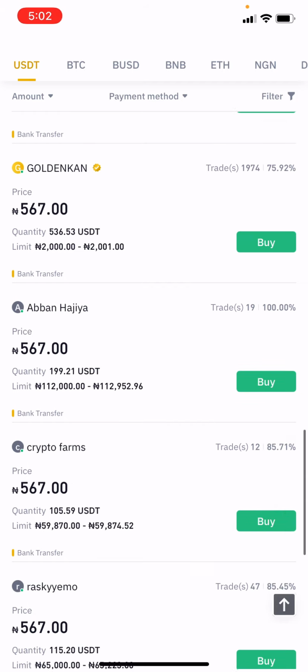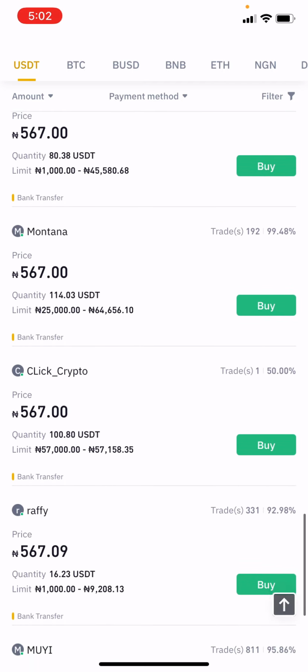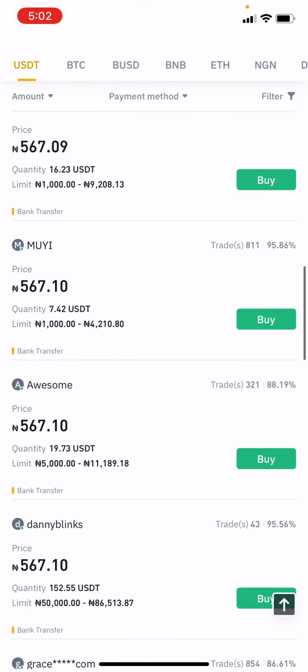Okay, let's say you have just a little amount of money and you want to buy a lesser one. There is $7 here for a lower price, 567 naira per dollar. So we want to buy this one.